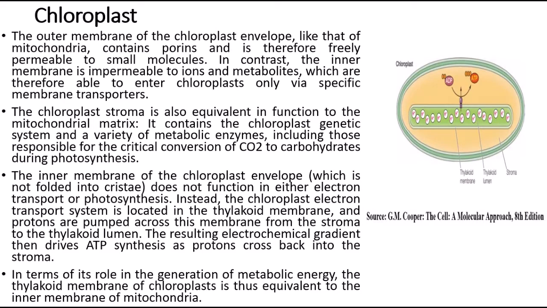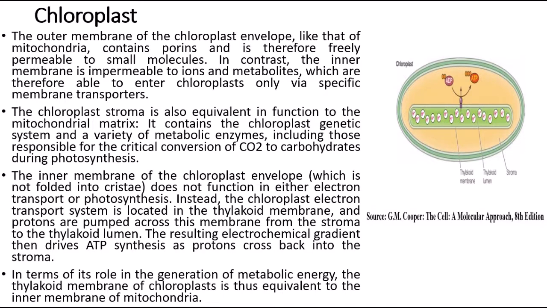The outer membrane of the chloroplast envelope, like that of mitochondria, contains porins and is therefore freely permeable to small molecules. In contrast, the inner membrane is impermeable to ions and metabolites, which are therefore able to enter the chloroplast only via specific membrane transporters.